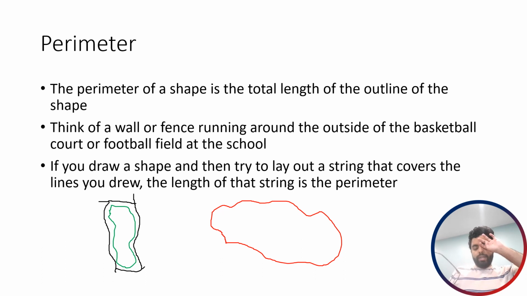If it's something pretty big, on the scale of a neighborhood, then your perimeter would be the distance that you have to walk to get all the way around it. And the last point: if you draw a shape and then you were to lay out a string that covers the line that you drew, that string's length is the perimeter. I already said that. But perimeter is not too confusing.